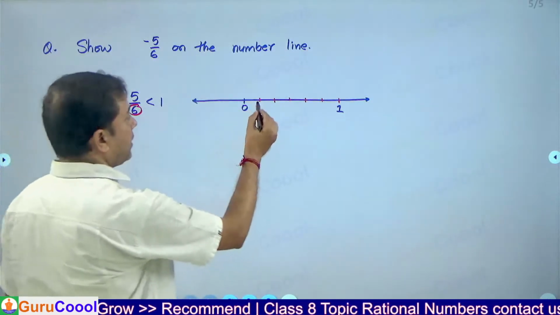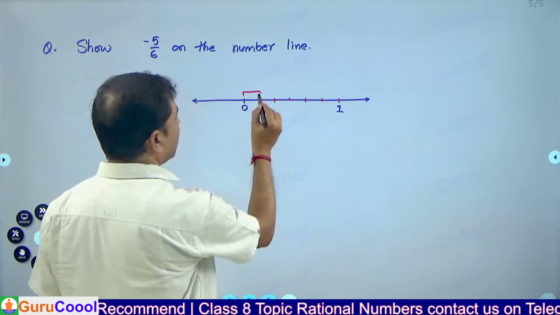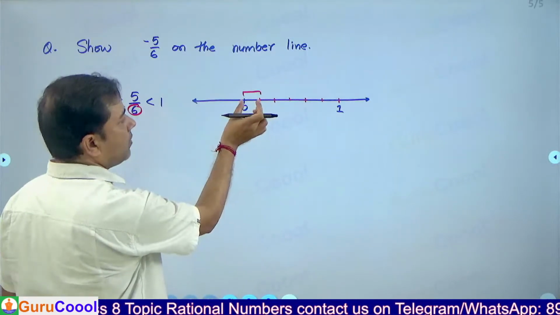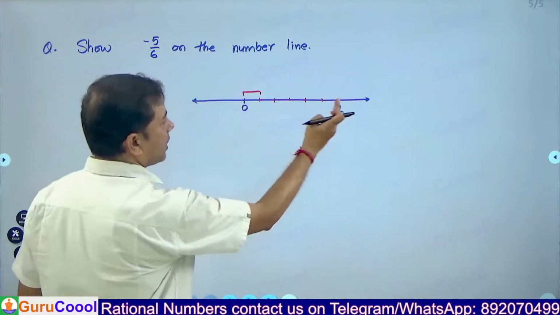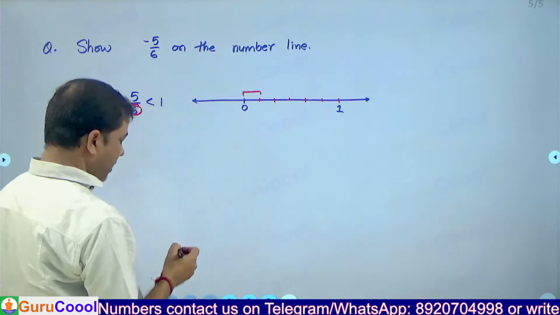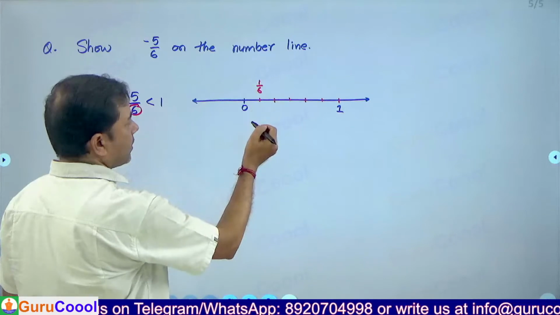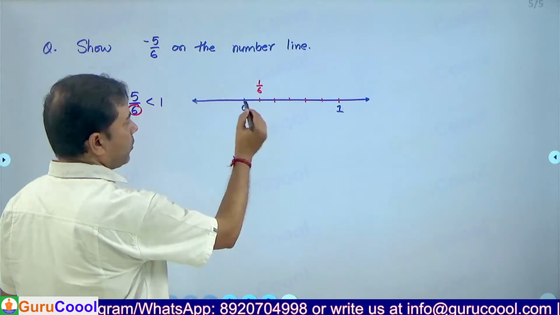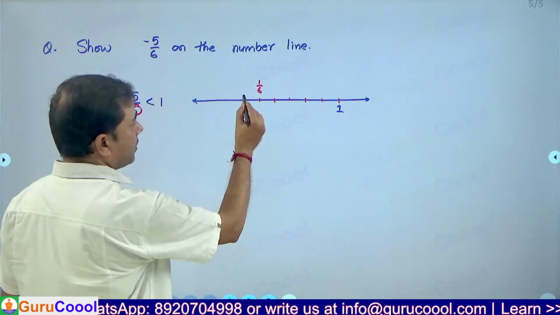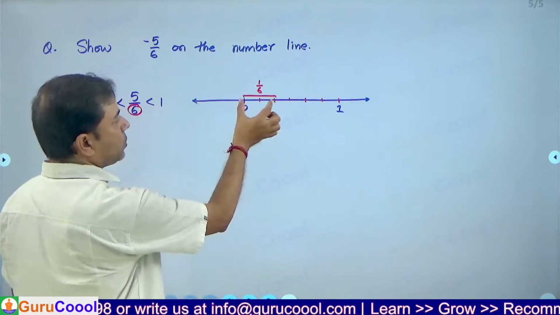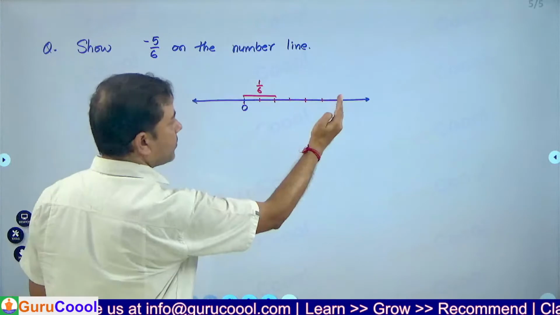The first part, if we take the distance between 0 and first point, means we are taking one part of total 6. That's why it is 1 by 6. This point is the second point. If we take this distance 0 to this second point, that means we are taking 2 parts out of 6.